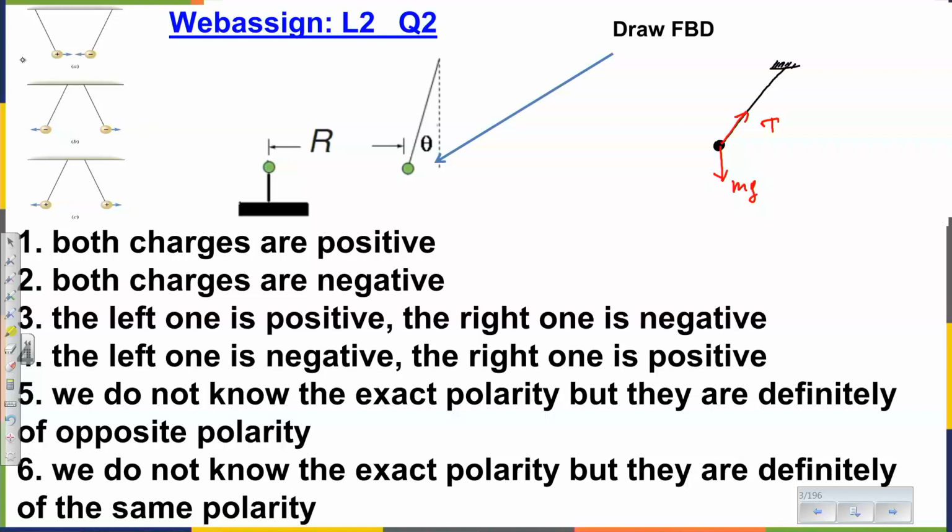And well, to deflect the string from the vertical direction, we should apply a third force, right? So that third force, how does it point? What is the direction?